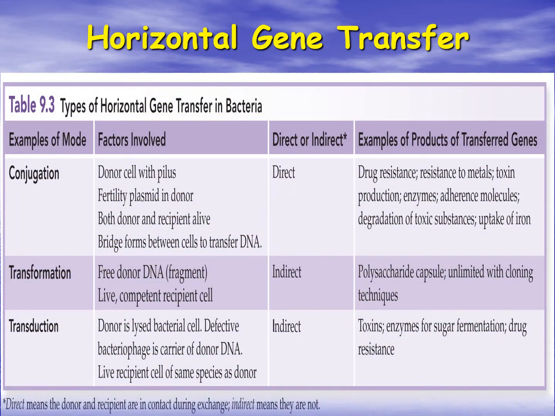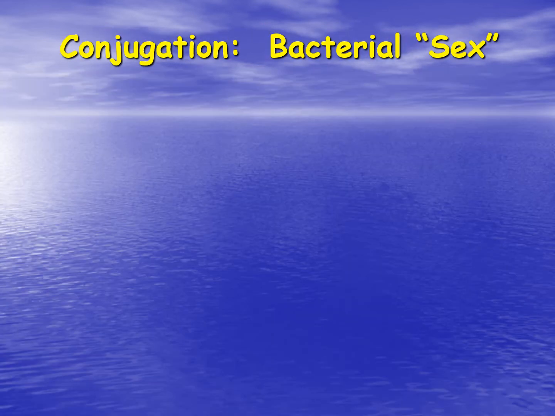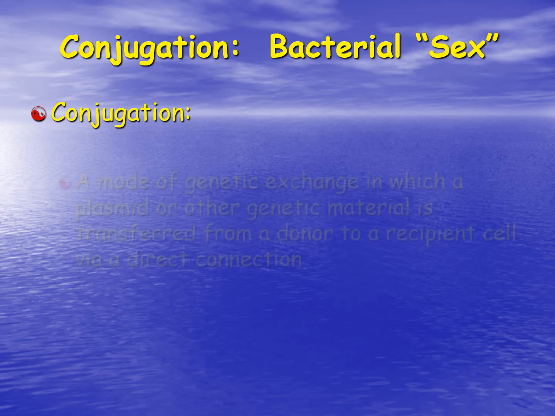And there are three natural ways in which horizontal gene transfer can occur: conjugation, which is the direct form of gene transfer, and transformation and transduction, which are both indirect gene transfer. So let's look at conjugation first, and sometimes this is referred to as bacterial sex.